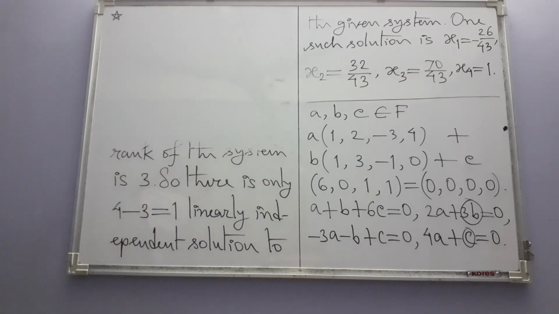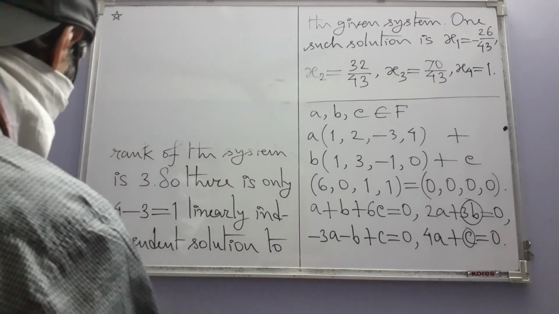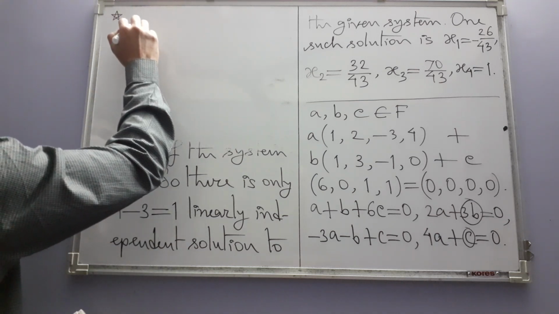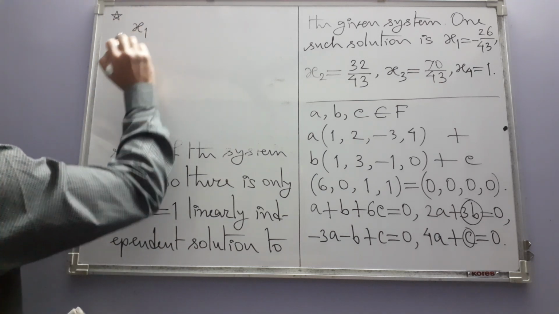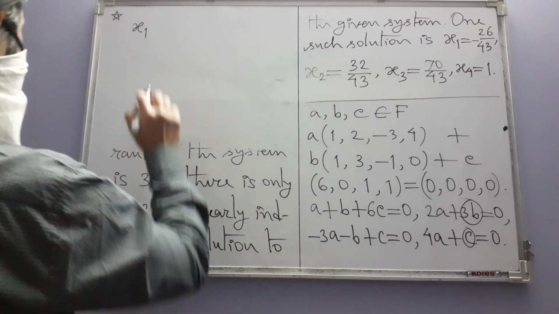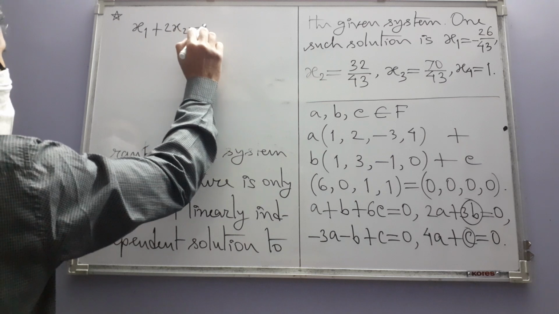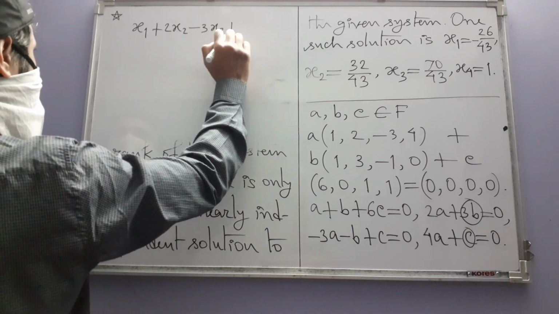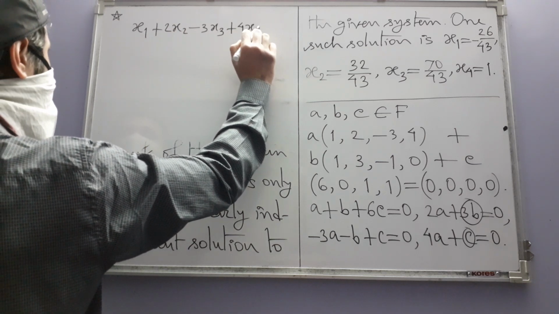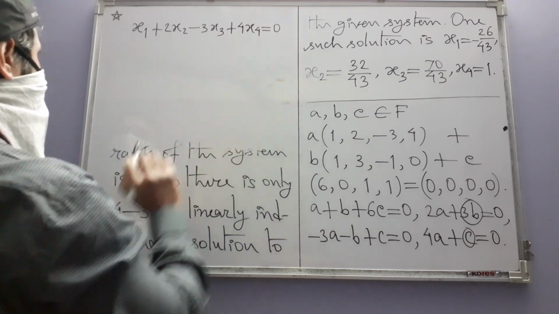But still, if we go back to the actual system that is given to us, then the actual system is this. x1 plus 2x2 minus 3x3 plus 4x4 is equal to 0.